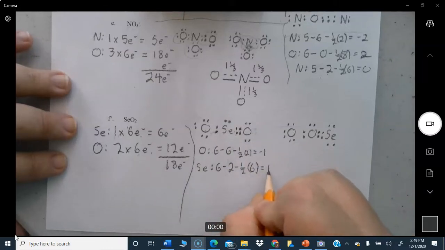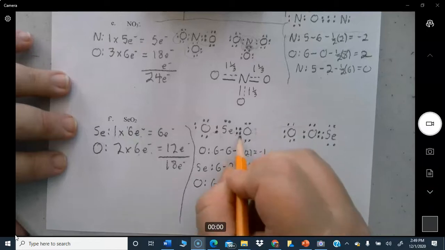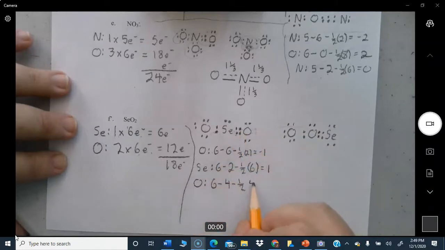That's going to give it a +1 charge. And the oxygen on the right is 6 minus 1, 2, 3, 4 lone pair, minus half of 1, 2, 3, 4 bonding. And that's going to be 0. So everything charge balances there, that's fine, but you know, not quite the most stable possible.